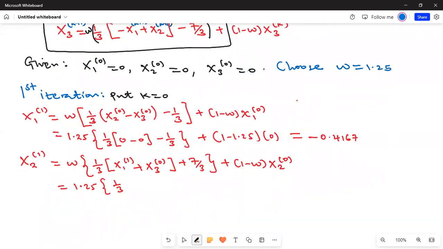And this will now give us 1 over 3, x1 at level 1, the immediate value we have found, that was negative 0.4167. x3 at level 0, that is 0, plus 7 over 3, plus 1 minus 1.25 times x2 at level 0, that is 0. When you work this out, you need to get 2.7431.